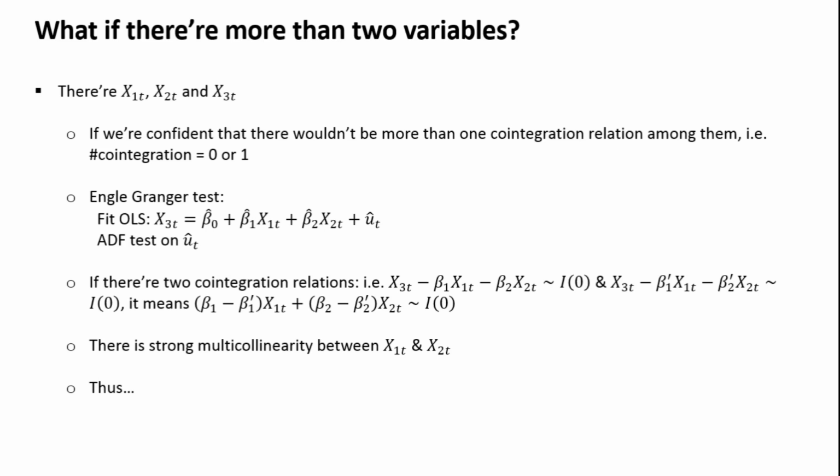So what if there are more than two variables? We have x1, x2, and x3, for example. If we're confident that there wouldn't be more than one cointegration relation among the variables, which means that the number of cointegration relations is equal to 0 or 1, then Engle and Granger tests are fitted.